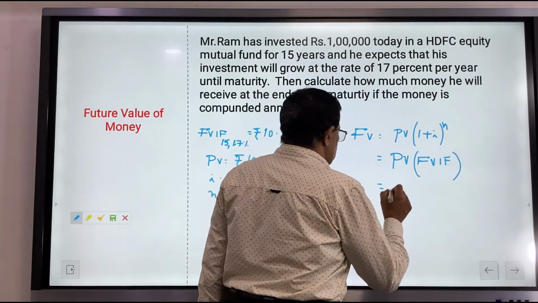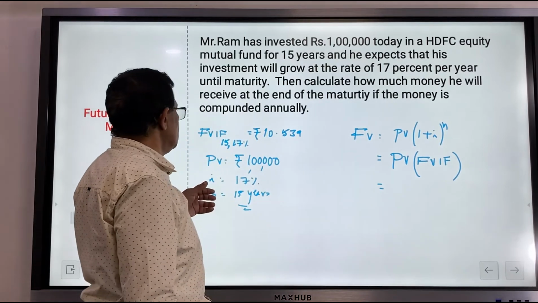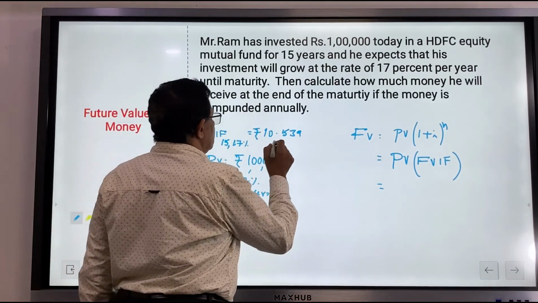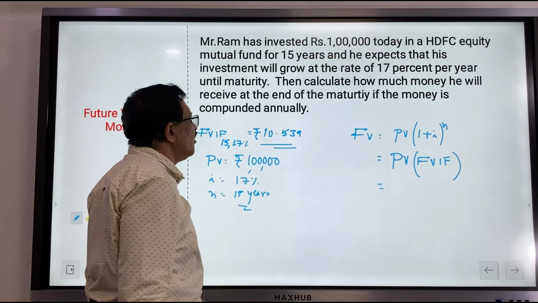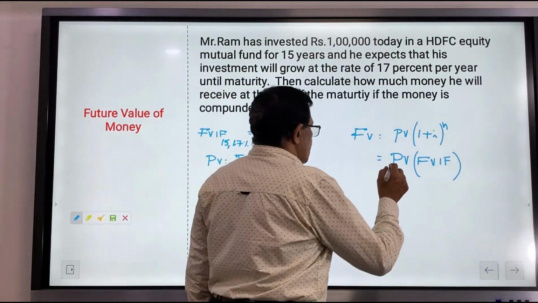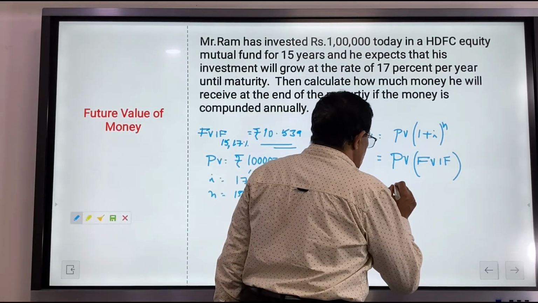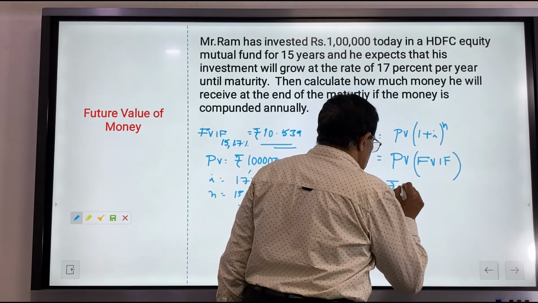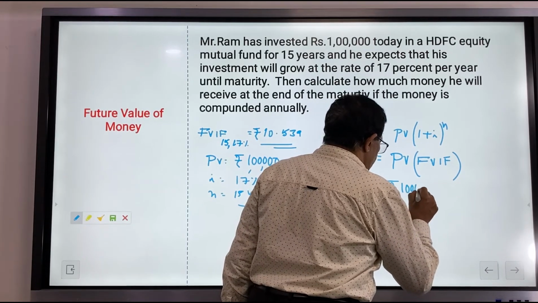As per the information, the future value interest factor is 10.539, and the present value is rupees 1 lakh.